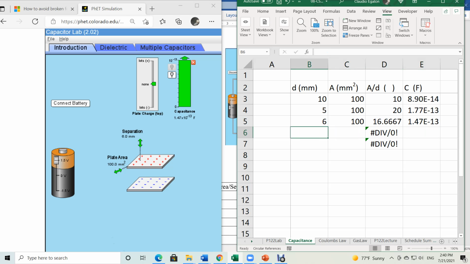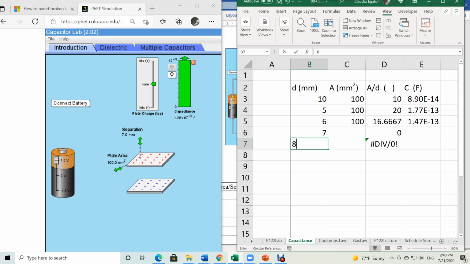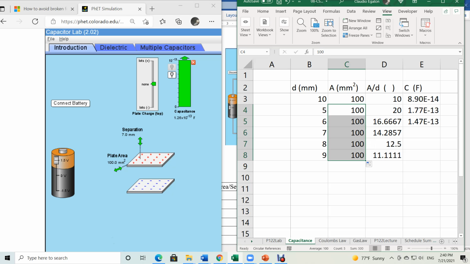Let's go 7 millimeters now. I'm not going to change the area. 7 is 1.26 E to minus 13.